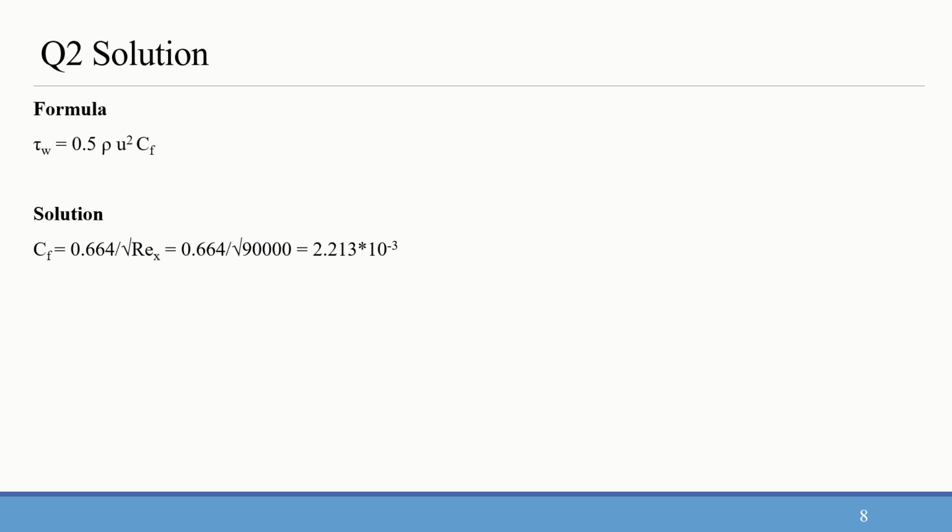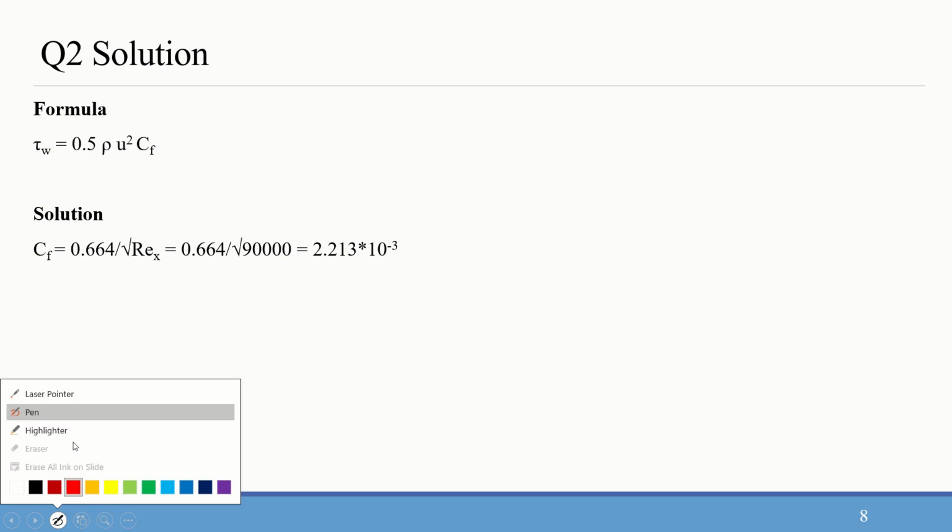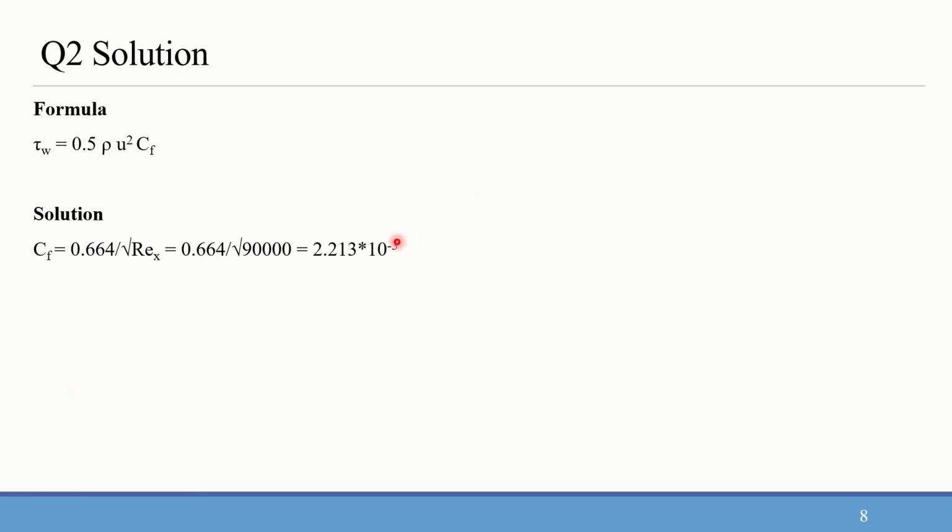So again we have to calculate Cf. The square root of 90,000 gives us 300. So 0.664 divided by 300 is 2.213 into 10 power minus 3. That is Cf.